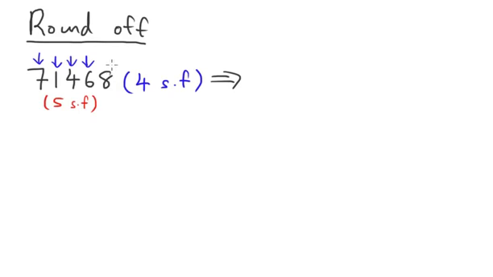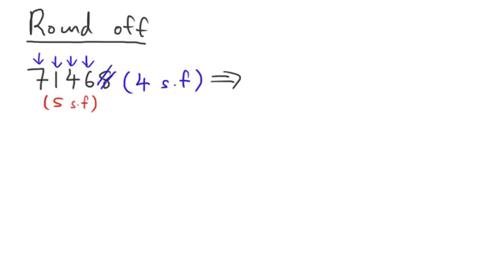But we cannot just cut it away, because if you just take it away, it becomes 7,146. This is a common mistake that everyone makes, because they're taught that if they want 4 significant figures, they could just take the 8 away.